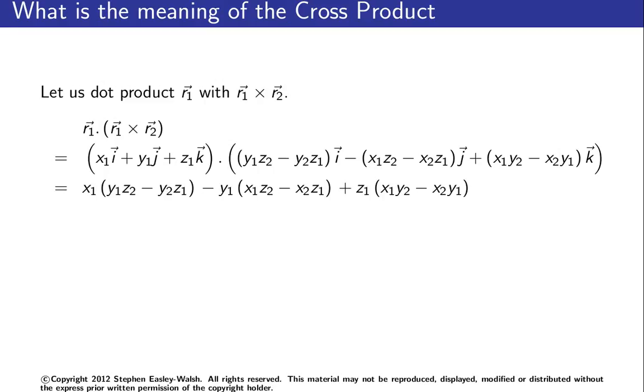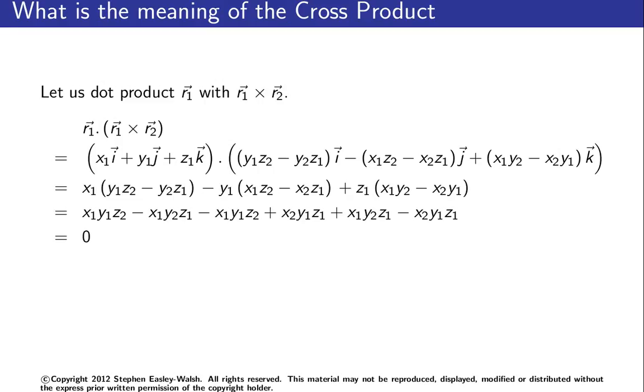You multiply in your x1, then your y1, and then your z1, and if you add all these terms up, what you'll find is you'll get 0.